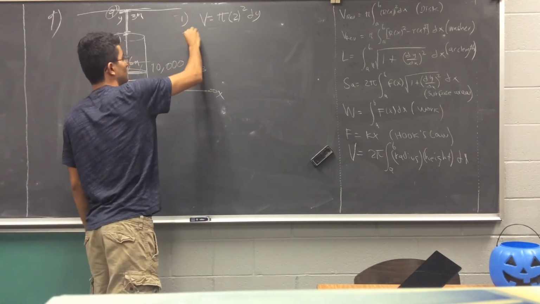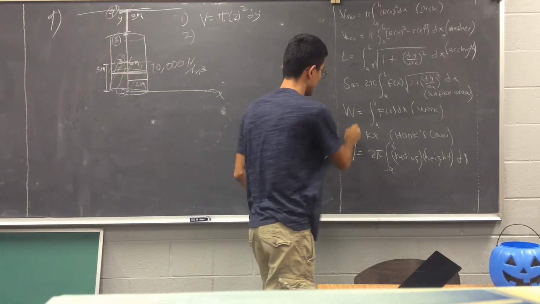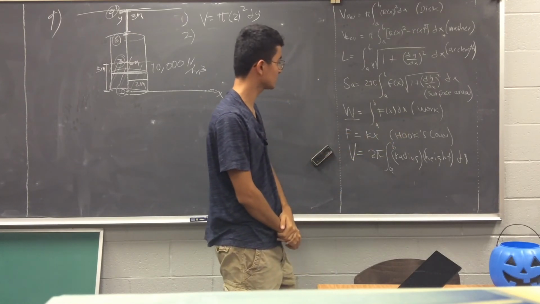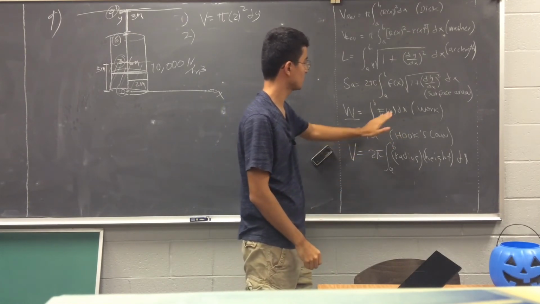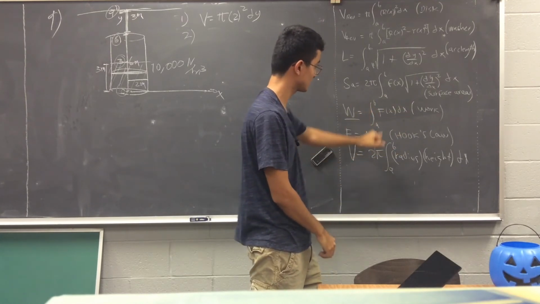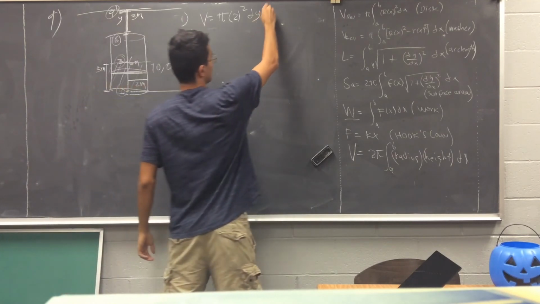That's step number 1. Now, step number 2, we need to find the force, because remember, what's the definition for work? Work is equal to the integral of force times distance, f of x dx. We haven't found the distance, and we need to find the force. We only found the volume, and we know volume has units of meters cubed.